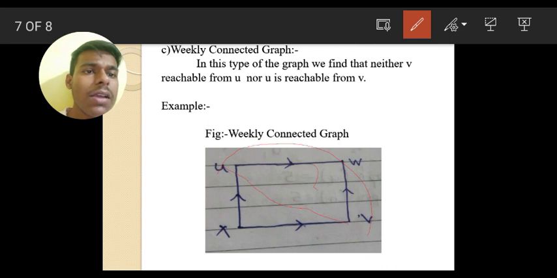No path exists to reach from U to V or from V to U. This type of graph is a weakly connected graph.